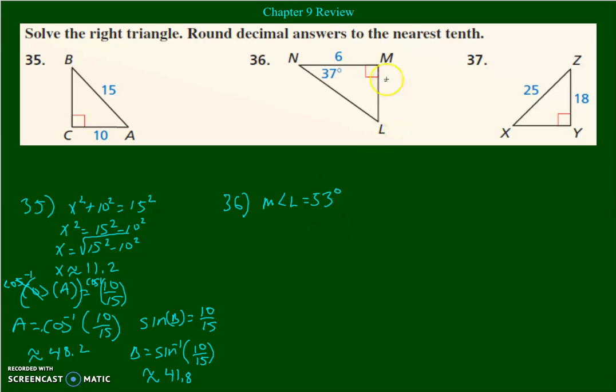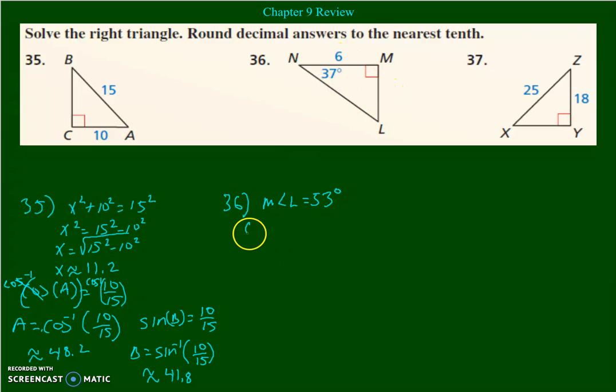And now I've got to find this side and this side. So I want this side here, that's ML. Some old horse. Nope, I don't have this side. Caught a horse. No, taking oats away. That's the one.